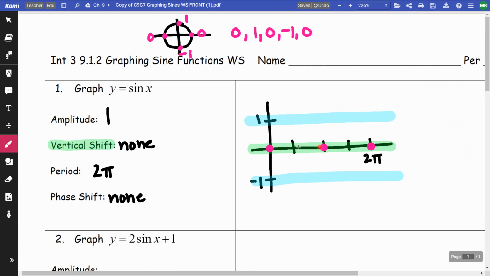Then halfway in between these, right here, I'm going to have my 1. And halfway in between these, I'm going to have my -1. And then I'm going to connect these with a curve. And there's my graph. Okay, again, I'm only doing 1 cycle of this.